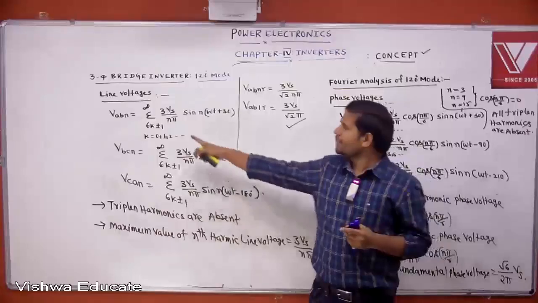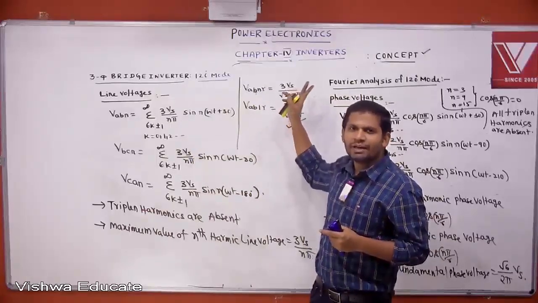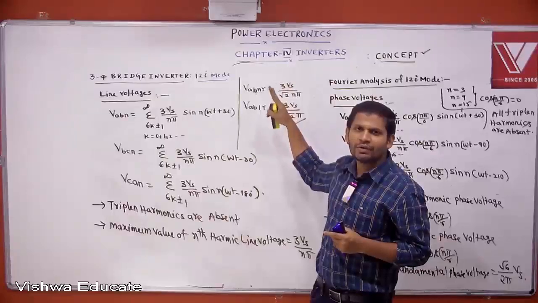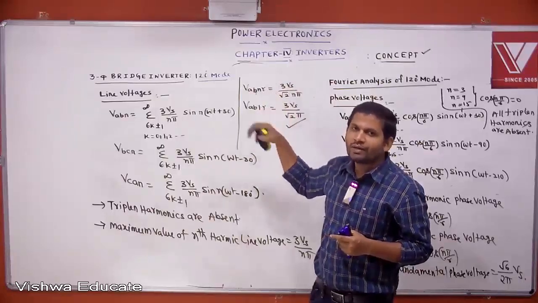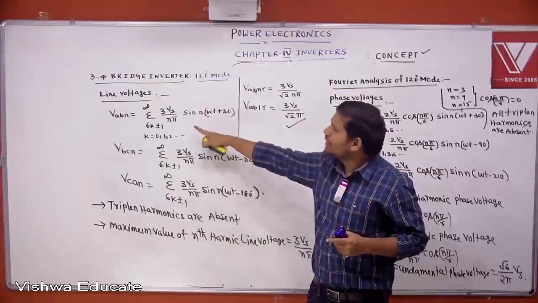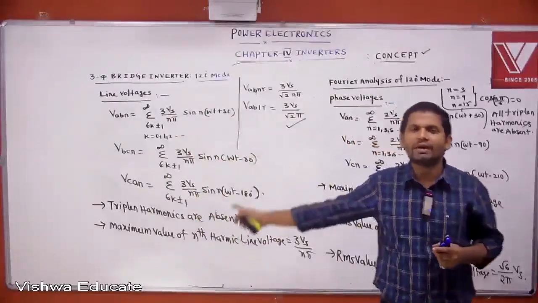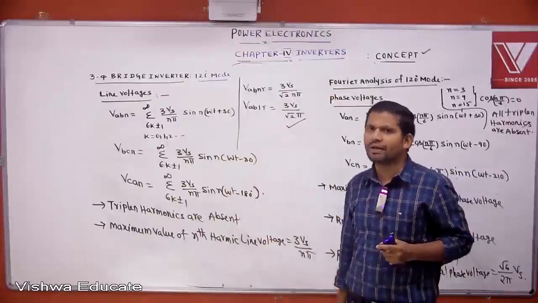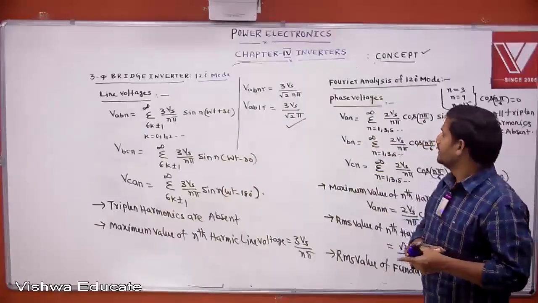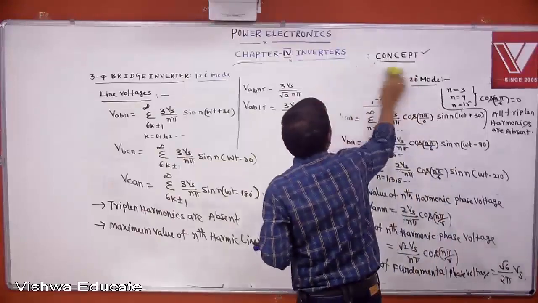This only you can remember separately, 3 Vs by n pi. But for the remaining, in 180-degree mode phase and line, and in 120-degree mode phase, how to write the amplitude by your own, I told. But remember this separately: 3 Vs by n pi. Because of the stepped waveform, by calculating the Fourier analysis, we are getting 3 Vs by n pi. Okay, this is about Fourier analysis of 120-degree mode.